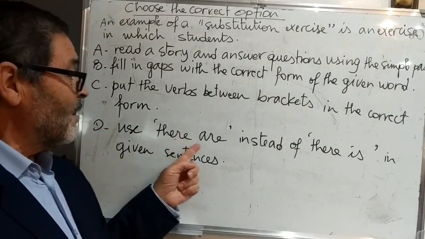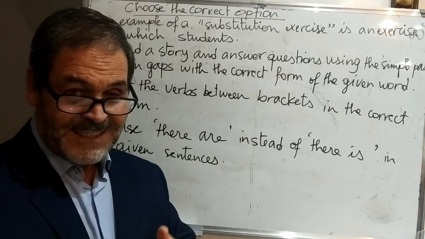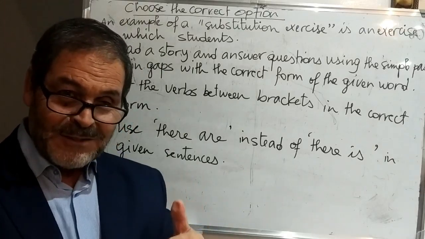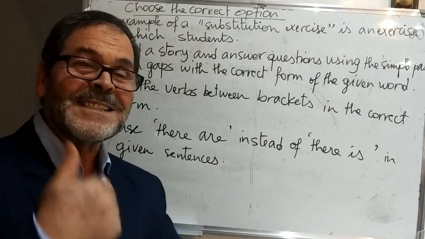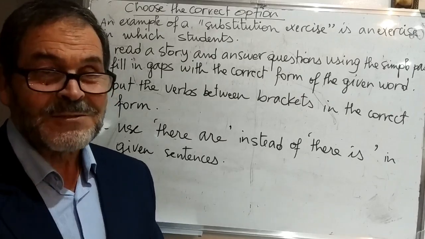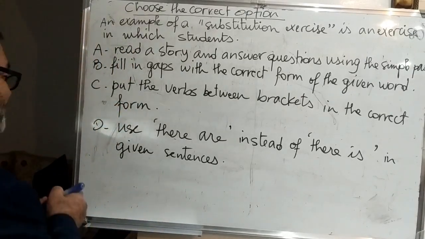So use there are instead of there is. When the teacher is practicing singular and plural, he shifts from singular to plural. He replaces there is by there are to see what students do with it. So this is the answer. It is D.